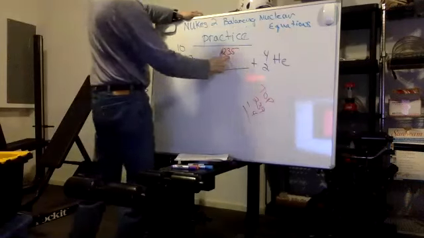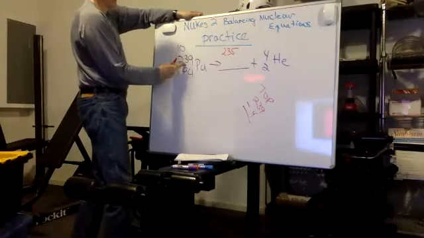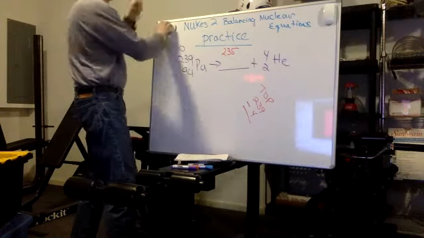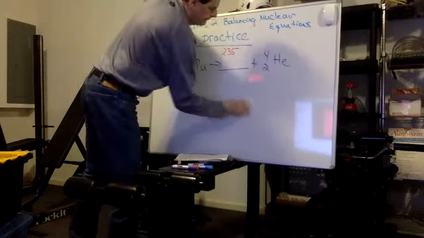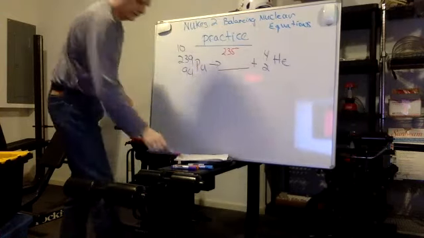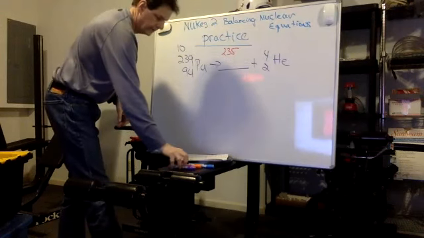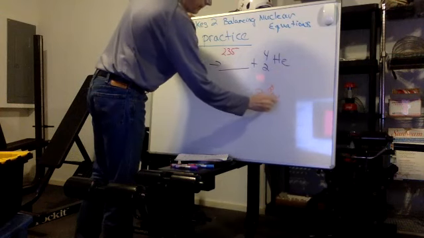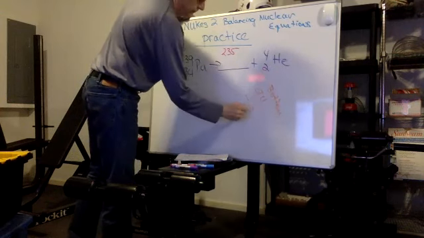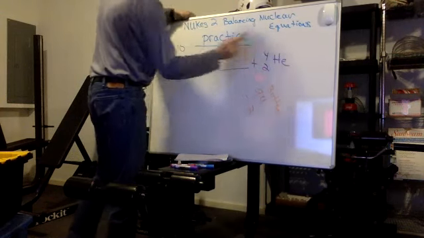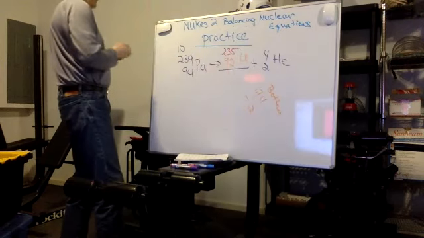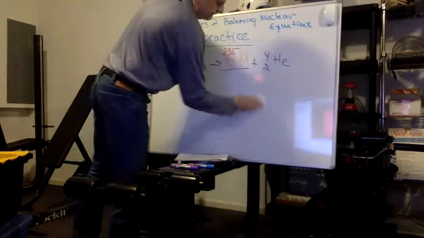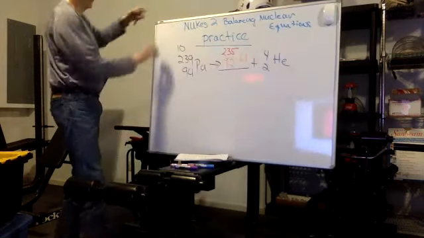Again, 235 plus 4 makes 239, which is the mark to make. And on the bottom, we are going to have 94 plus 2, 92, and that's going to be radium. There for number 10. And that is number 10.